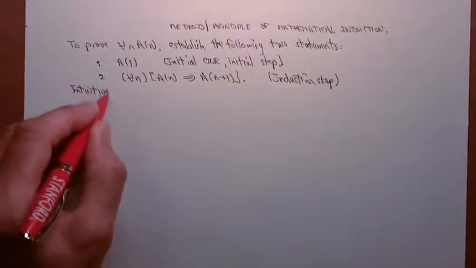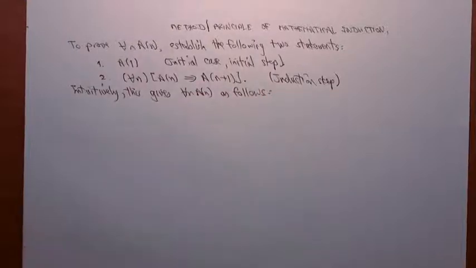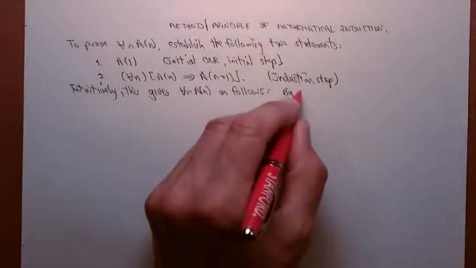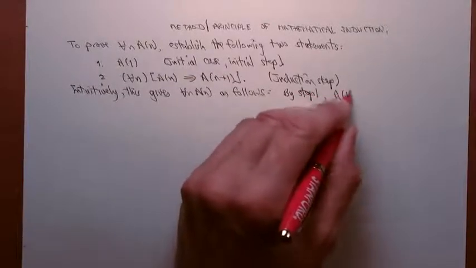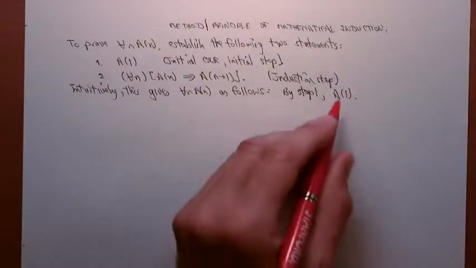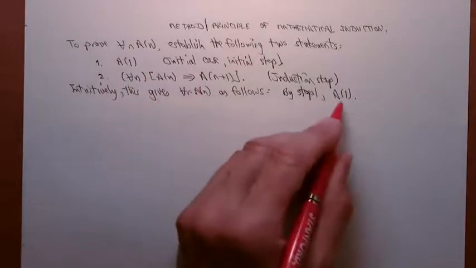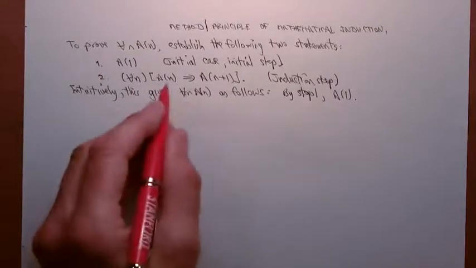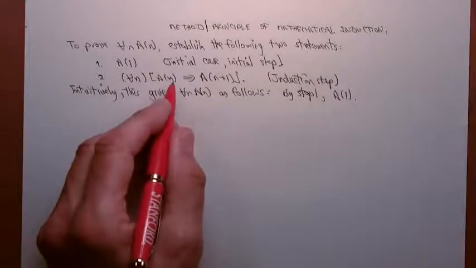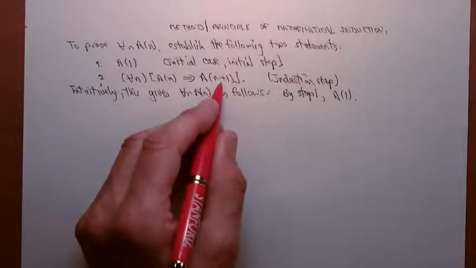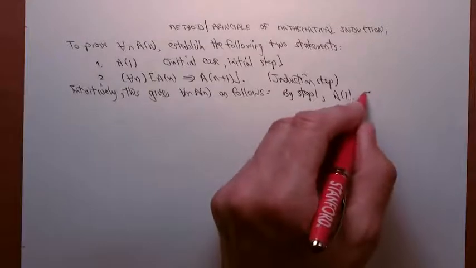Now, intuitively, this gives the statement for all n, A of n, as follows. By the initial step, step 1, we have A of 1. If we now apply the induction step in the special case where n equals 1, we have A of 1 by the initial step, and that yields A of n plus 1, which is A of 2.